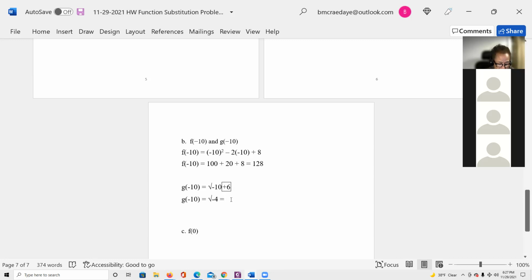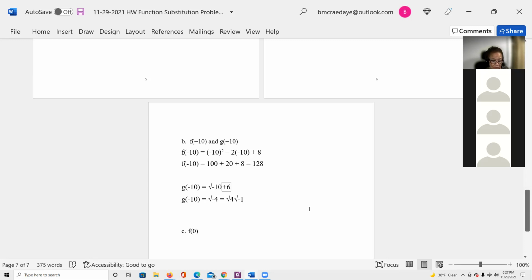Now I can make this a plus 4 times the square root of a negative 1. Because remember, you can break up radicals into other radicals, right? So a square root of negative 4 is a square root of 4 times the square root of negative 1.